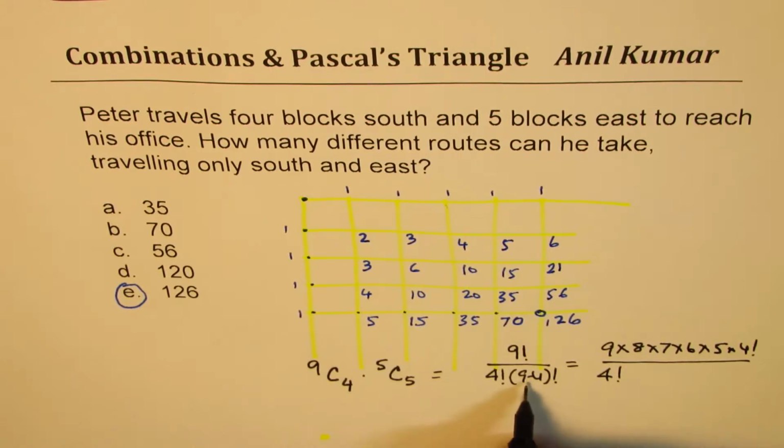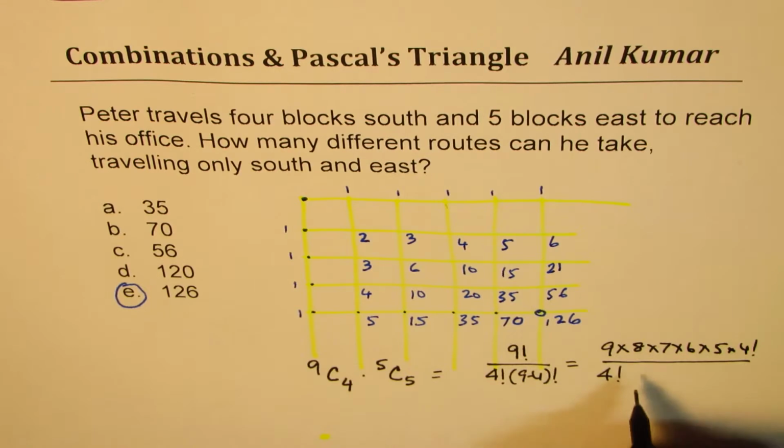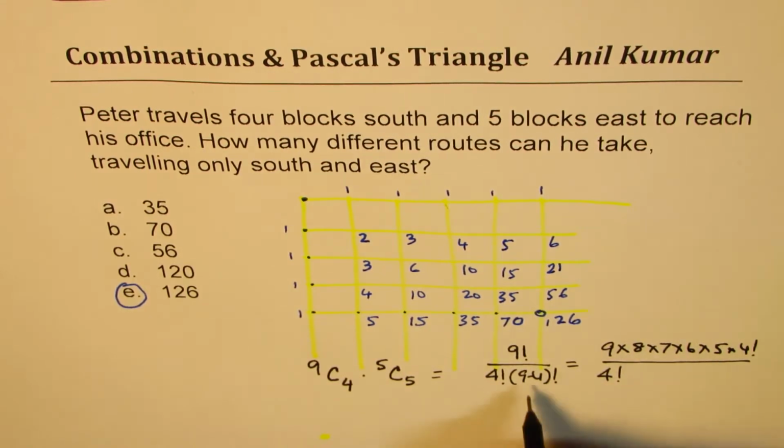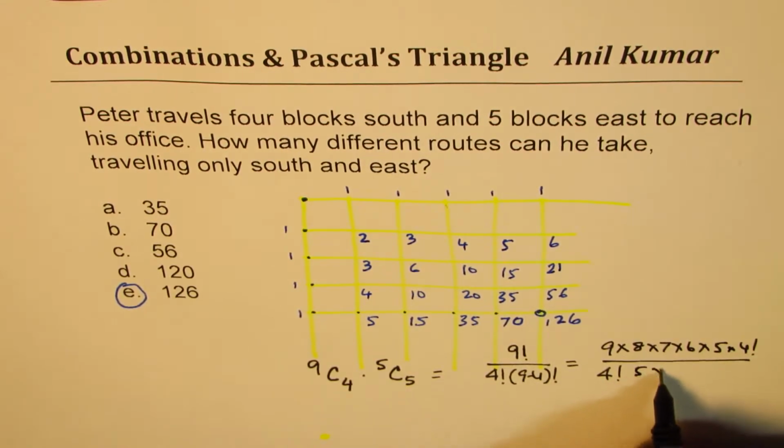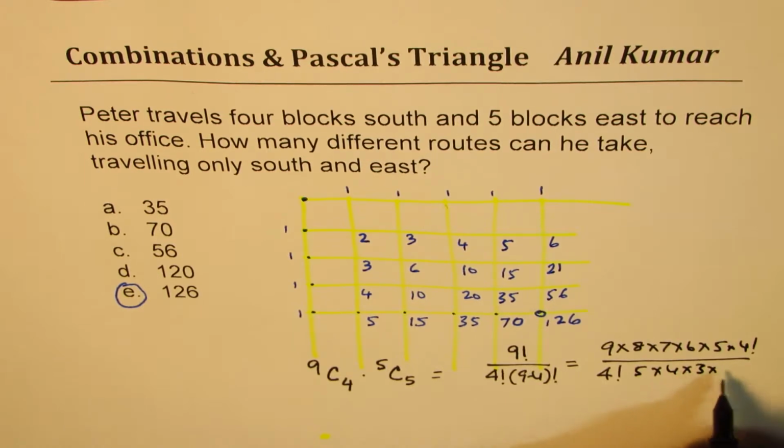And here we have 9 minus 4 as 5 factorial, right? Now let me write that. So it is 5 times 4 times 3 times 2 times 1. You can cancel the terms, right, to calculate. 5 times 5, 3 times 2 is 6, and 4 times 2 is 8.